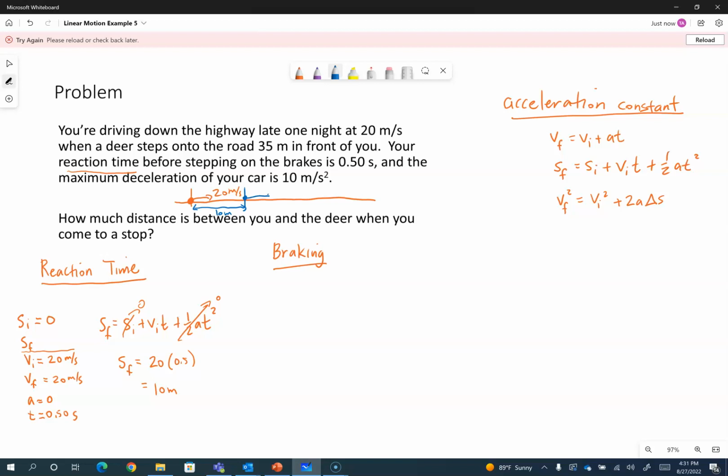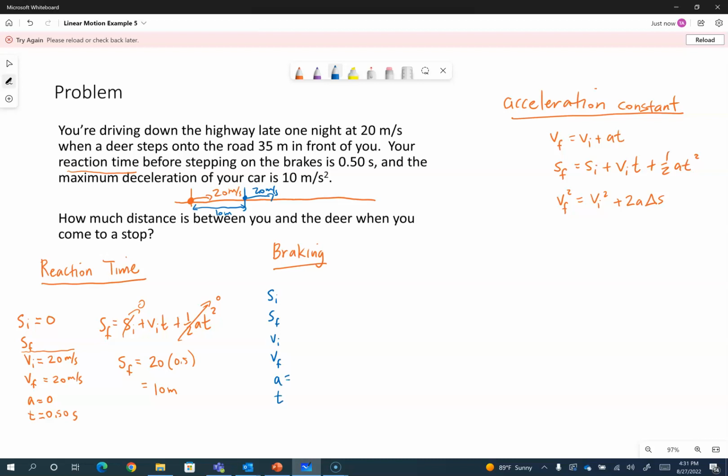We're still traveling 20 meters per second, but now we're stepping on the brake and we're going to slow down and stop. The approach is still the same. We can use the kinematic equations simply because we know this acceleration is constant.